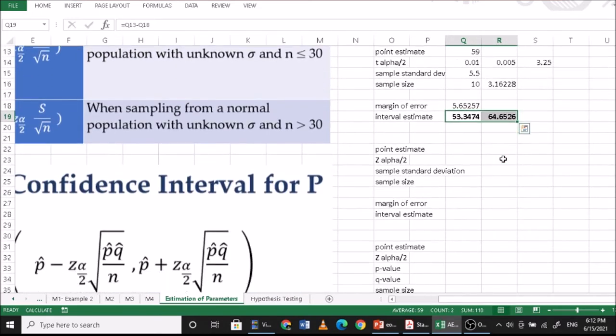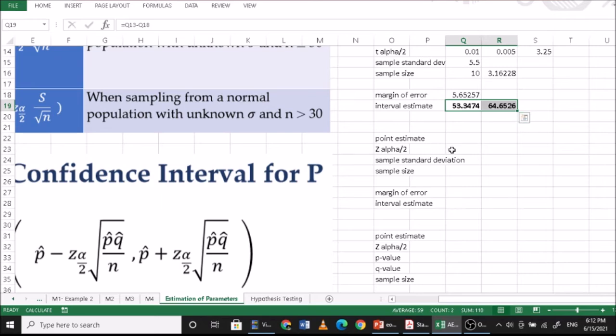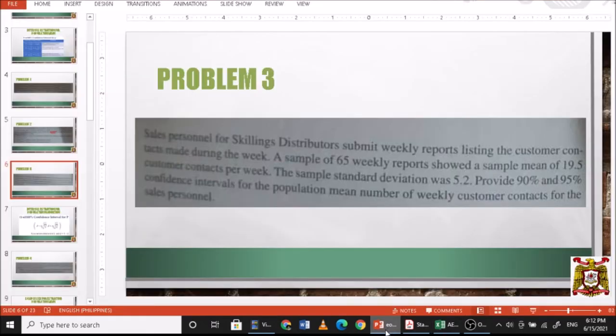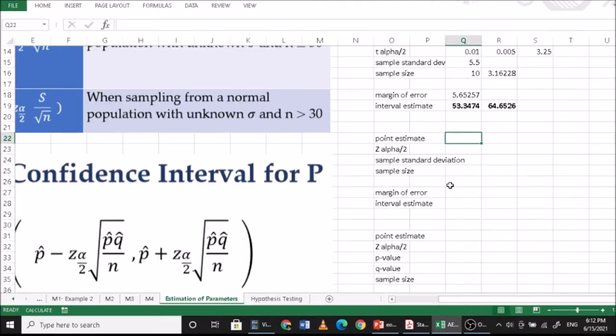So again, let's identify the point estimate, which is your mean. So the sample mean is 19.5.